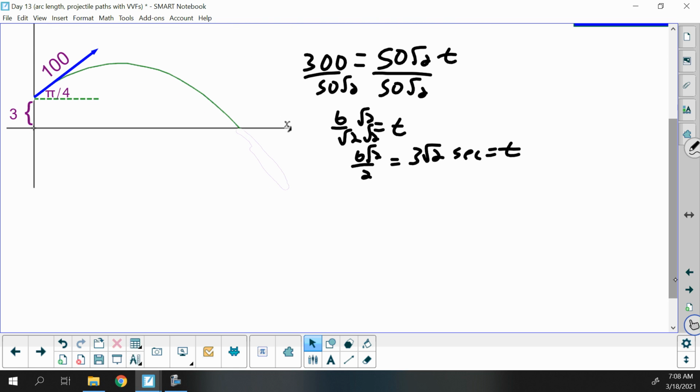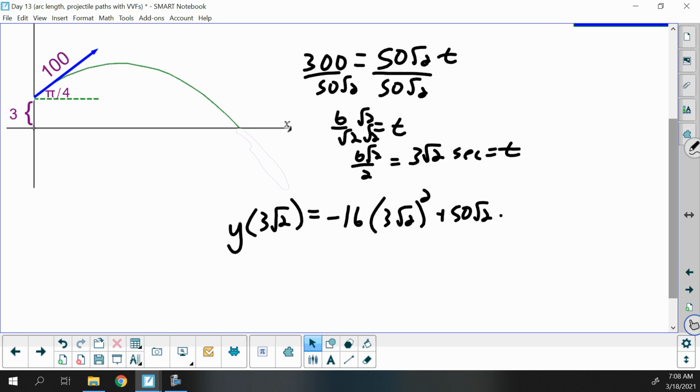Well, then we need to know what is our vertical component at 3 square root of 2 seconds, because that'll tell us how high the ball is when it reaches that horizontal distance. So we'll have negative 16 times our t value squared, so 3 square root of 2 squared, plus 50 square root of 2 times 3 square root of 2 plus 3.